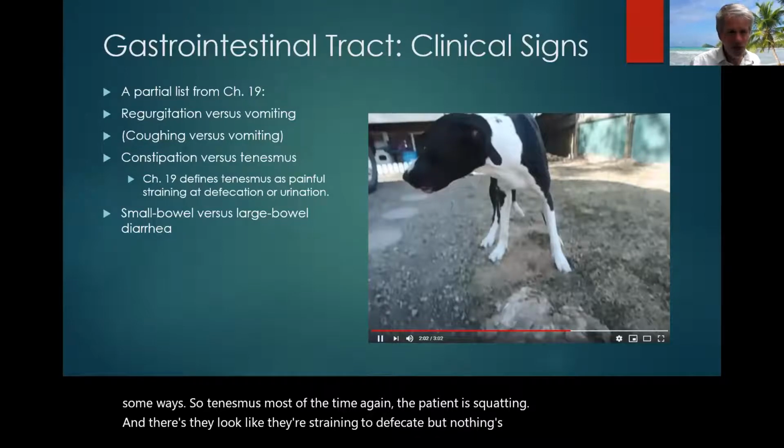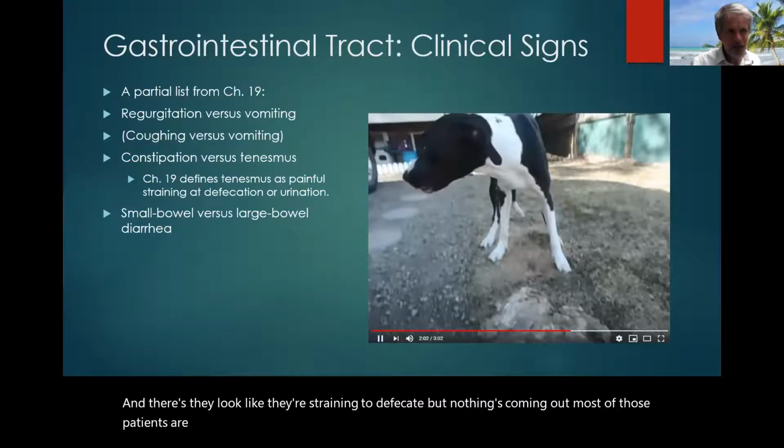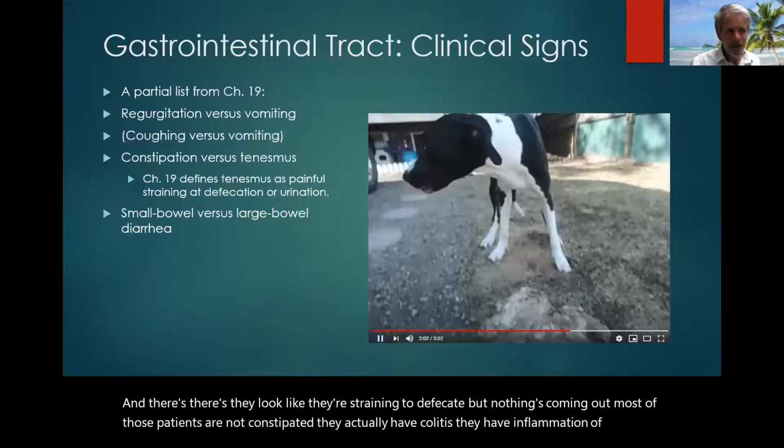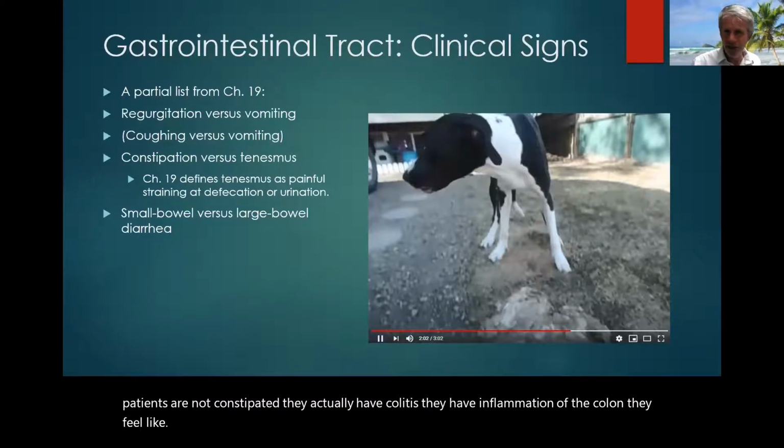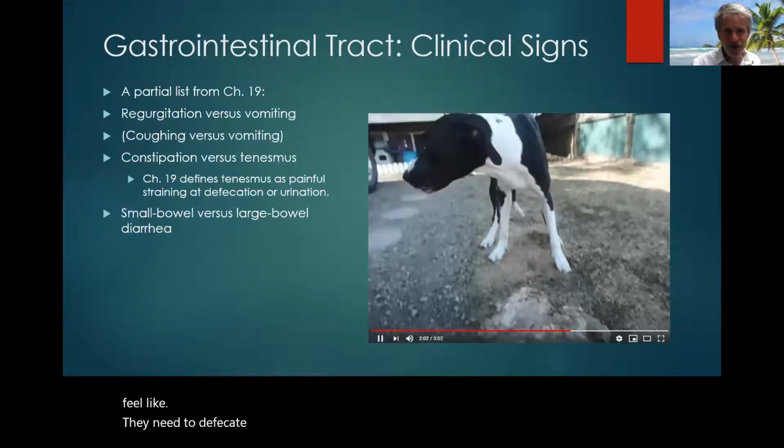Most of those patients are not constipated. They actually have colitis. They have inflammation of the colon. They feel like they need to defecate just because it burns and is so irritated. They usually have colitis, diarrhea from colitis.